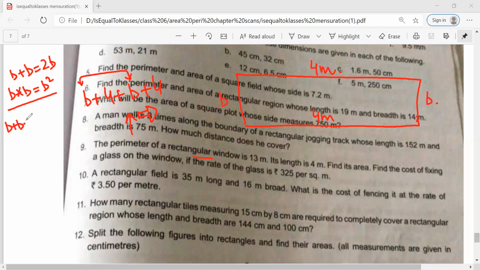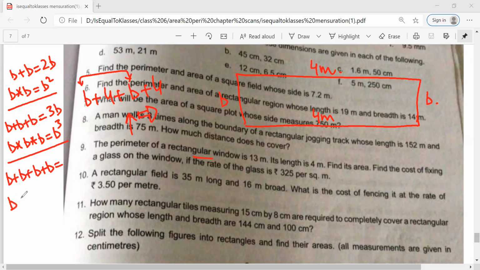B plus B plus B would be equal to 3B, and B into B into B would be equal to B cube. Any doubt? No, sir. B plus B plus B plus B would be equal to 4B, and B into B into B into B would be equal to B raised to the power 4.